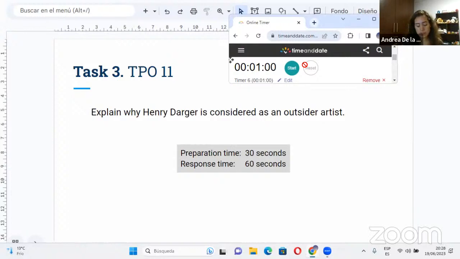So for example, if you say that he lived in Chicago, it's okay to mention that he lived in Chicago, but completely alone, outside of society, far away from town. So he had no contact with the people from Chicago. That would be even more important than mentioning that he lived there, right? Same thing for how many paintings he had.